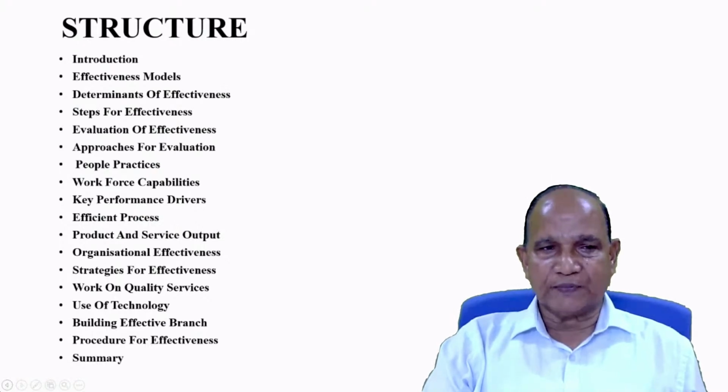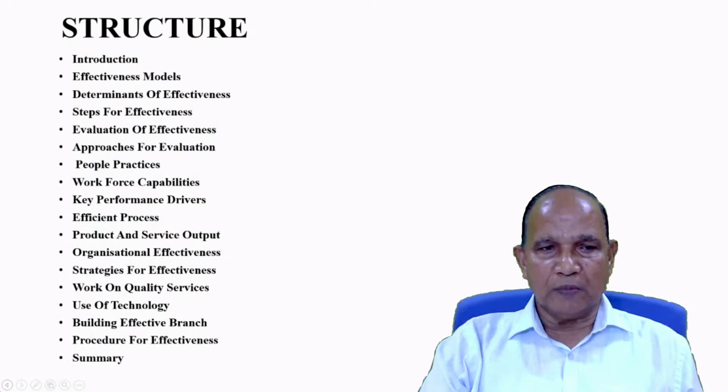Then, after the introduction, we have some discussion relating to effectiveness models. Which models should be considered for ensuring effectiveness in the organization should be known, so that these models are helpful to maintain and ensure the required effectiveness. Then there will be discussion on determinants of effectiveness.